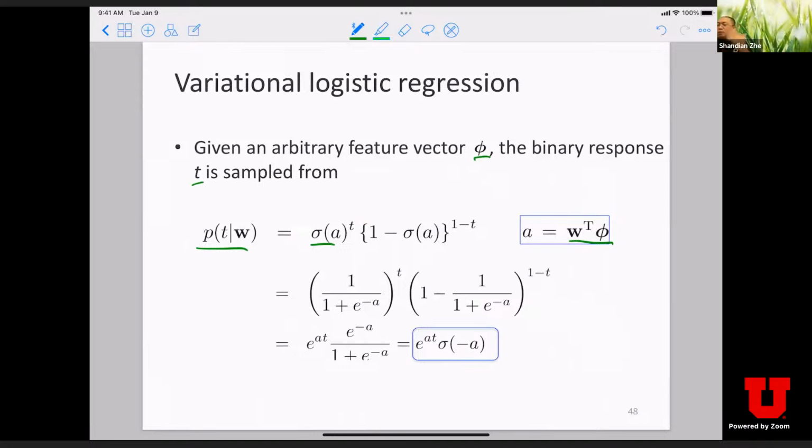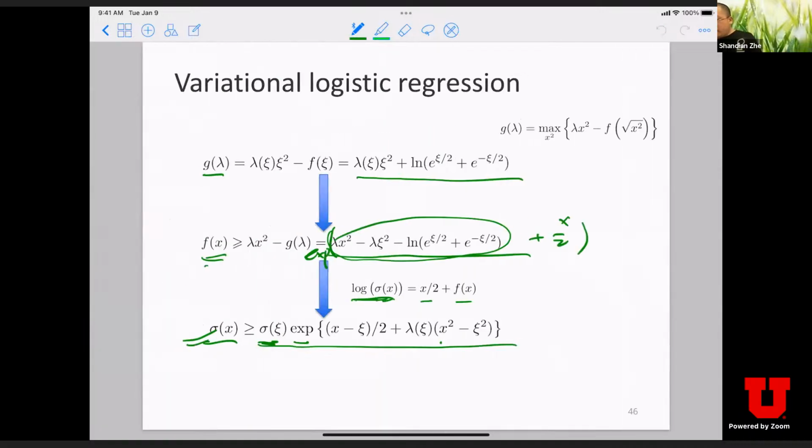If you do some merging, you can see that the likelihood can be written as e to the power of a, which is w transpose phi, times sigmoid of minus w transpose phi. And remember, we just got a general lower bound of the sigmoid function, which is bigger than this expression.